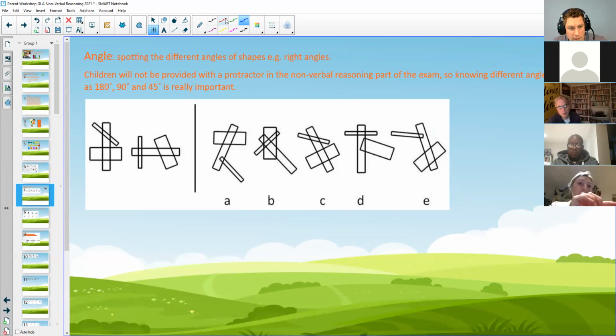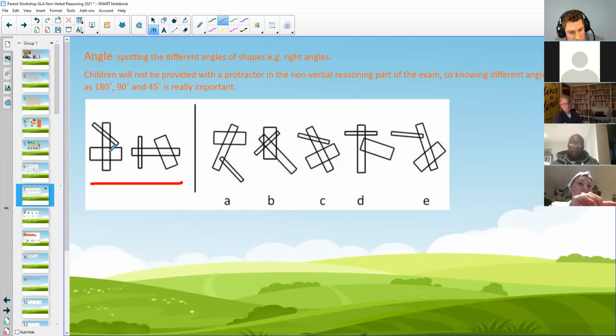The way that we would work these questions out is we've got two shapes on the left. One of these shapes belongs with those two on the left. Now, the first thing to recognize is you've got three rectangles of differing sizes, and you've got to find the one that is similar to that group or belongs in that group.